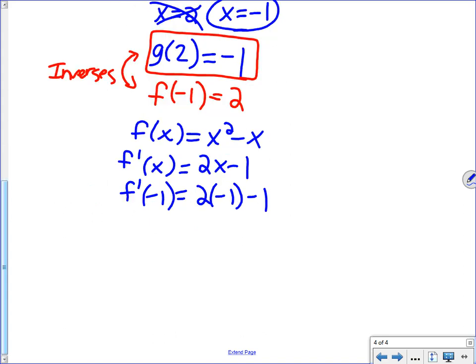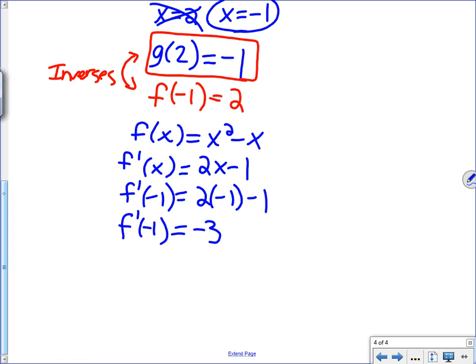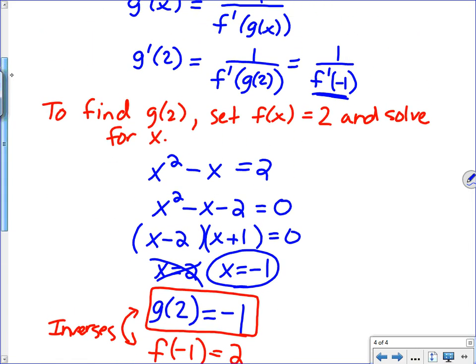And that would end up equaling negative 3. So if I go back to my formula now, I have my final answer. This is going to equal 1 over negative 3, which is equal to negative 1/3. So g prime of 2 is equal to negative 1/3.